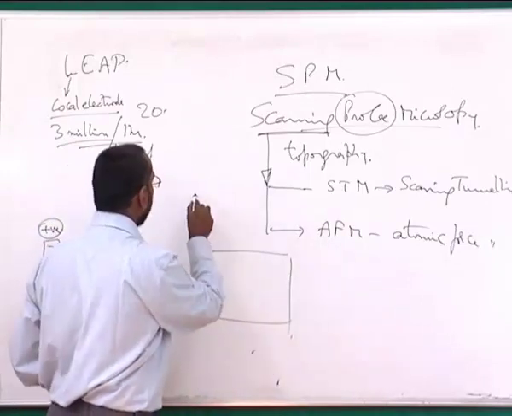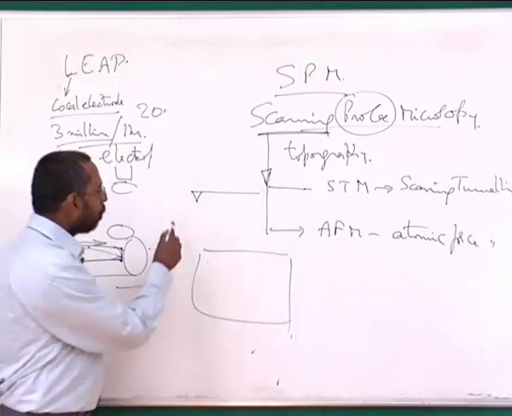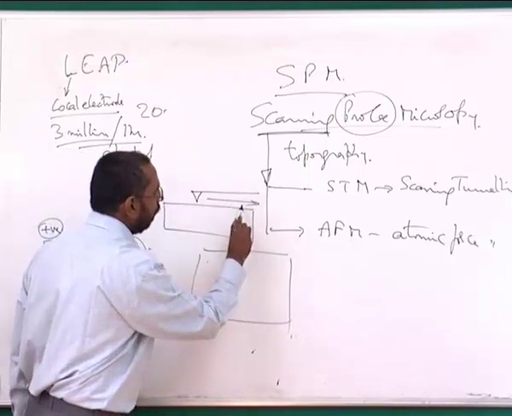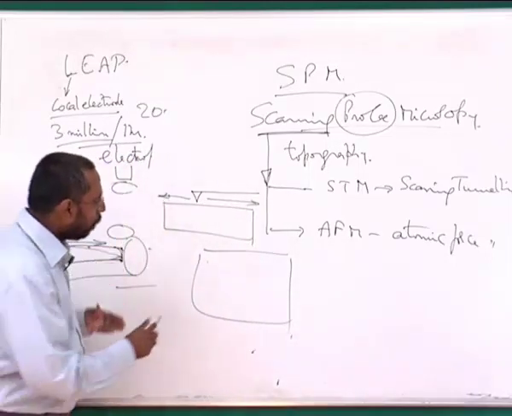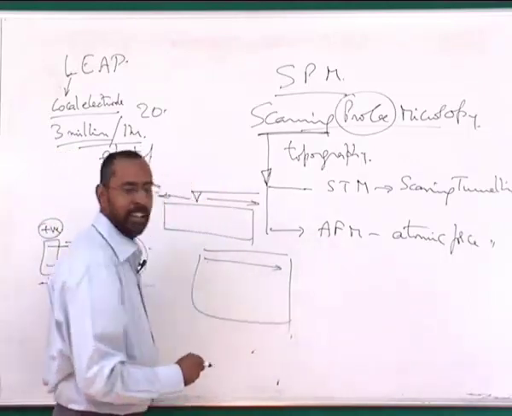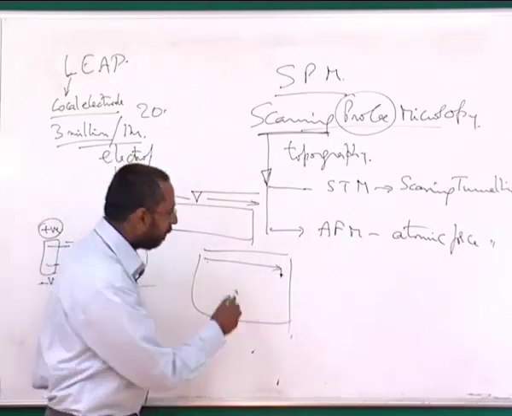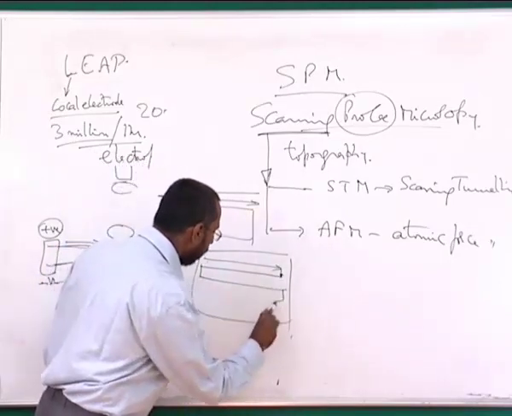A probe can look like this, a cantilever like this, and this probe is kept on the surface of the sample and allowed to move in this direction. Once it moves in a particular x direction like this, you can move it further by another y direction, and again allow it to scan like this. Again you can allow it to scan like this.